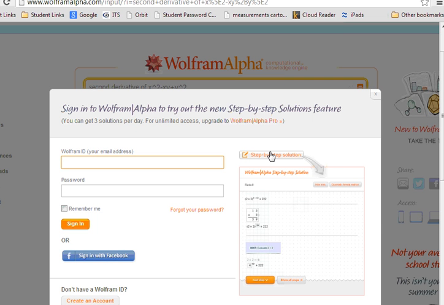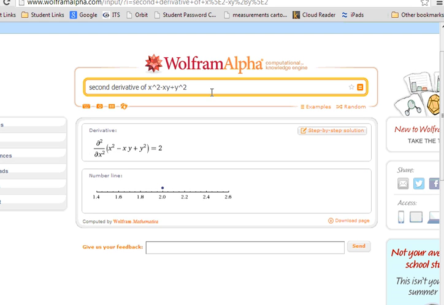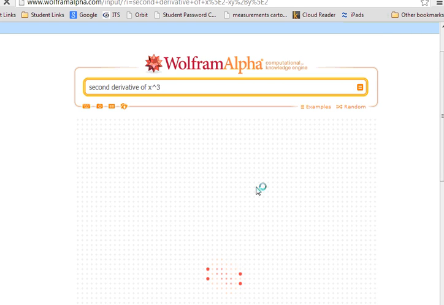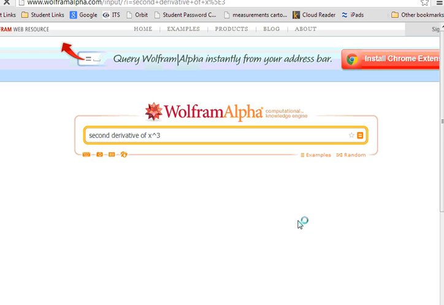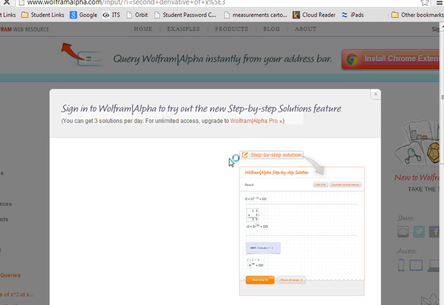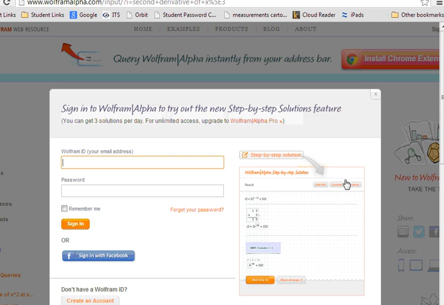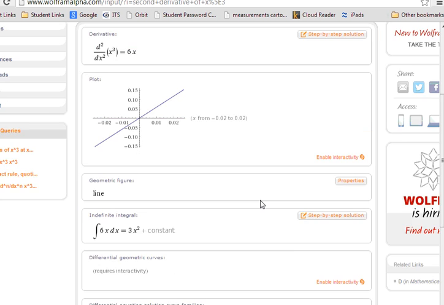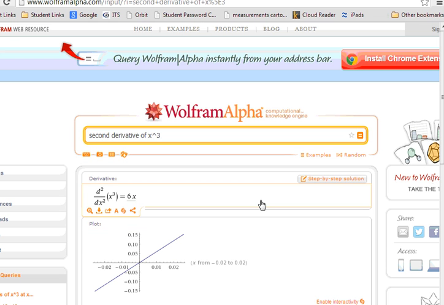Do you have to sign in? Okay, well, I'll make something easier for now. It does do the solutions for you, and it does give you step by step. Apparently, you need to sign on with Facebook or something, but I'm not going to do that. It is an incredible app if you want to check your answers and how to work through problems. Maybe the program is not set up for that.